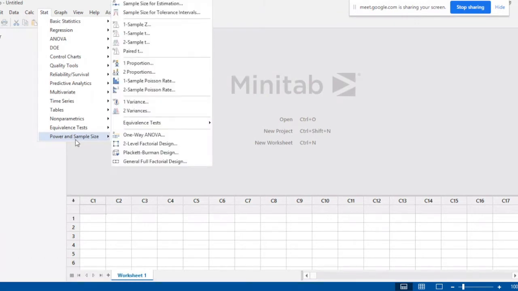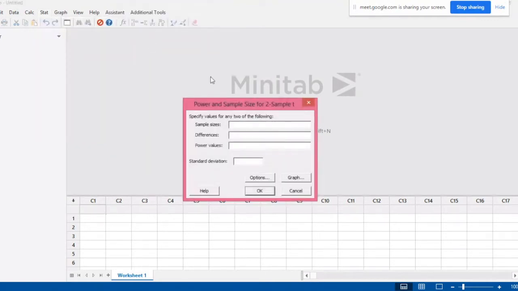Okay, sir. Before you perform any test, we have one-sample Z test, one-sample t-test, two-sample t-test. If you take the example of two-sample t-test, what should be the sample size? That sample size will depend on the difference.